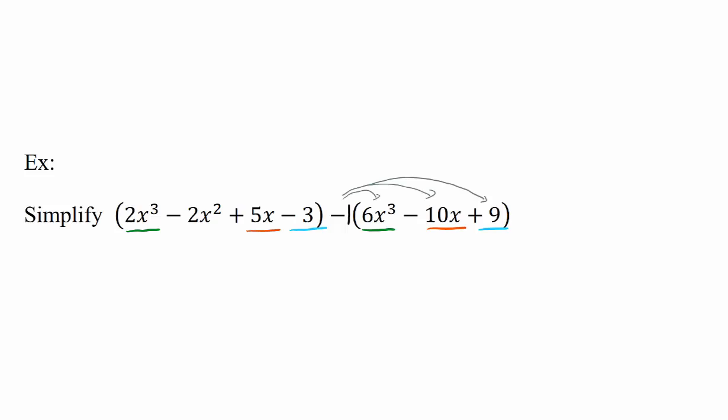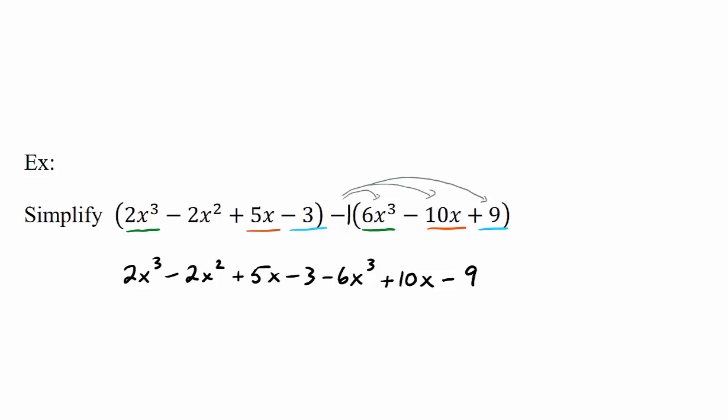So multiplying this out, I'll have a 2x to the power of 3 subtract 2x squared plus 5x take away 3, and a minus 1 times 6 is going to be a minus 6x to the power of 3. A minus 1 times a minus 10 is going to be plus 10, and then there's an x. And then minus 1 times plus 9 is minus 9.